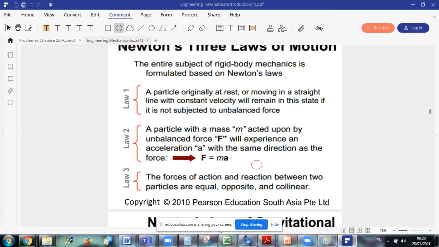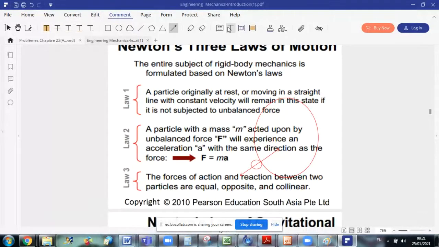For example, if I have a small ball and a very large one in contact, and I call the small one A and the bigger one B, and they are in contact, then I can say that the small ball will exert a force on the big one, and by action-reaction, the big ball will exert on the small one a force that is equal and opposite. Equal in magnitude, opposite in sense, and of course they are collinear.